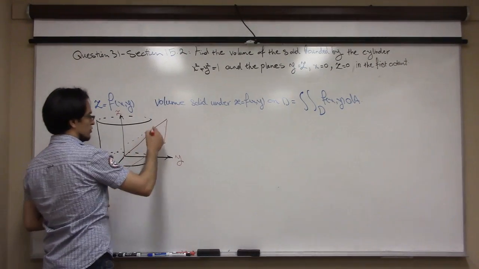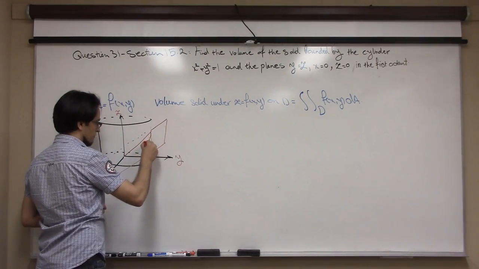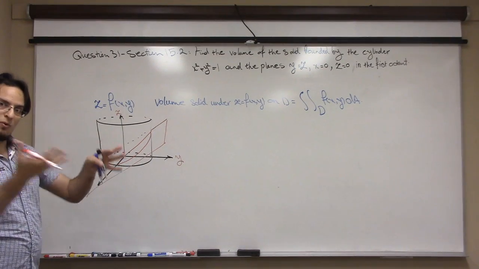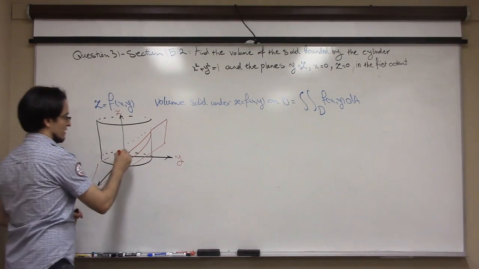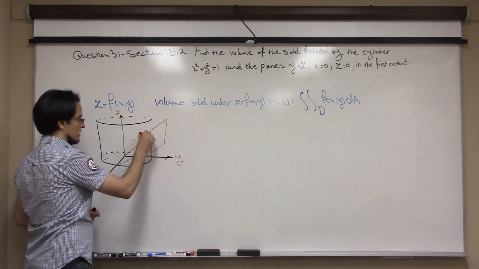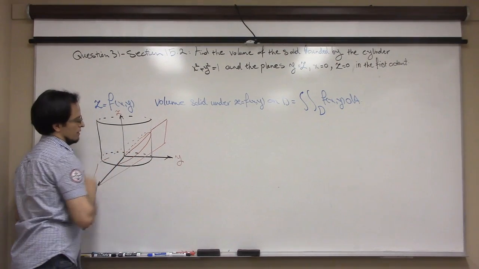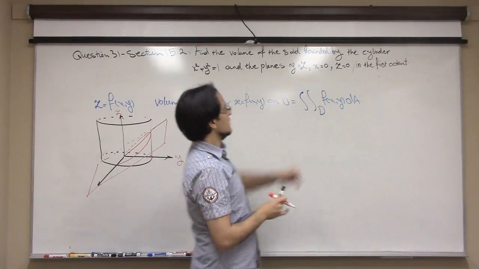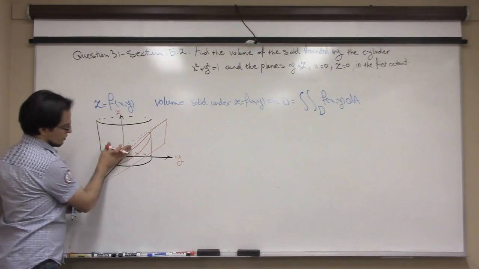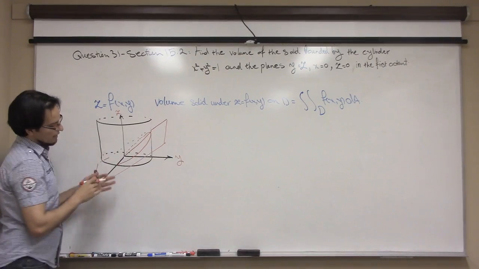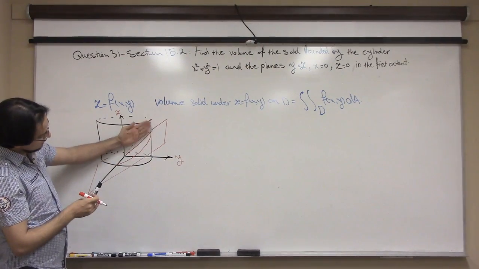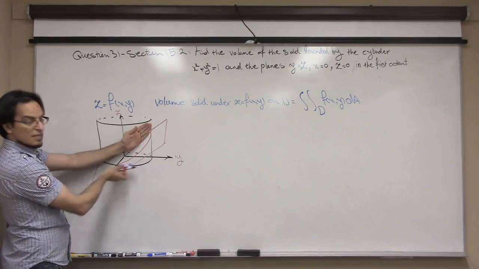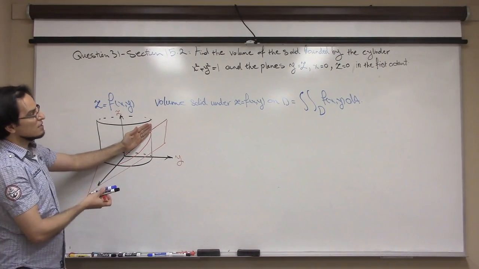And when you cut a cylinder by a plane, you get a circular wedge. But it says it should be bounded by x equals 0, so you forget the back part, just half of it. And then z equals 0, that's the xy plane, and it is in the first octant.